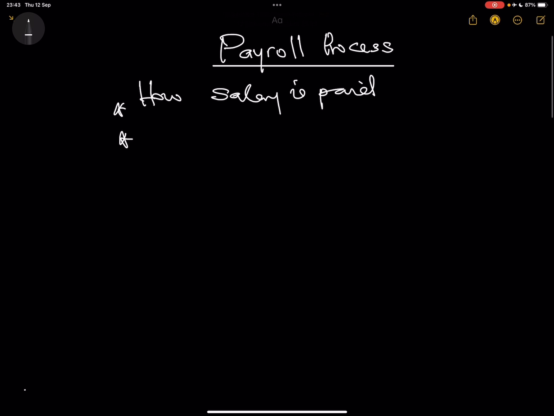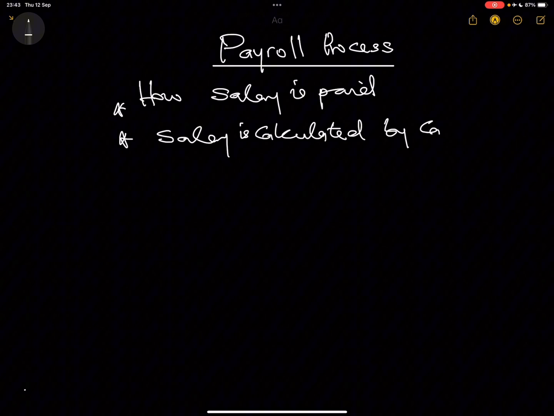Likewise, you also need to note that salary will be computed by computer. So salary is calculated by computer system. Gone are those days when people calculate salary manually.